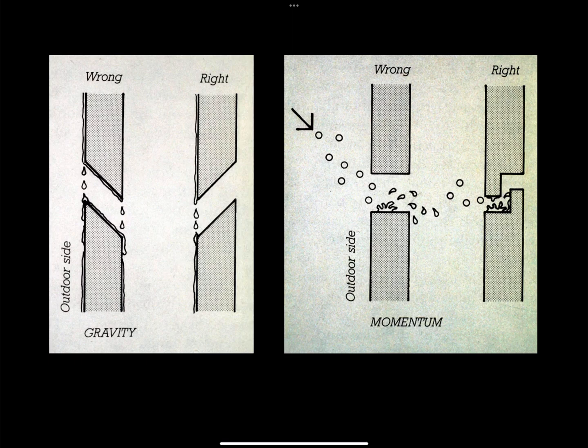So this can be neutralized by covering the joint, or by making the joint a labyrinth, which you see on the right, which blocks the passage of the water through the wall. So the joint that you see on the right is the shiplap cladding that we talked about when we looked at the Berkowitz house.